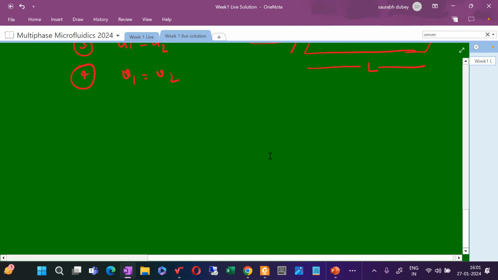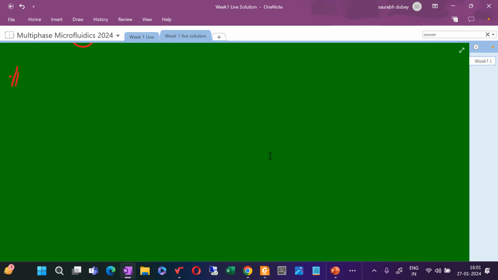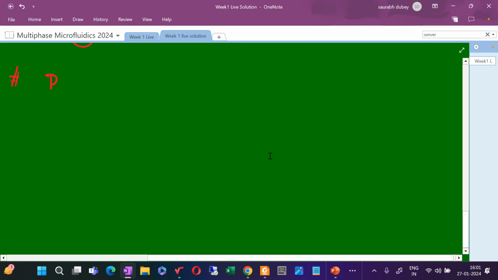And what is the Biot number? Let's talk about conduction. The Biot number is the ratio of conduction resistance divided by convection resistance. Let's suppose there is a ball.